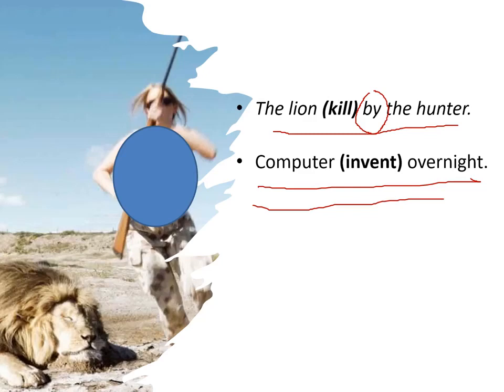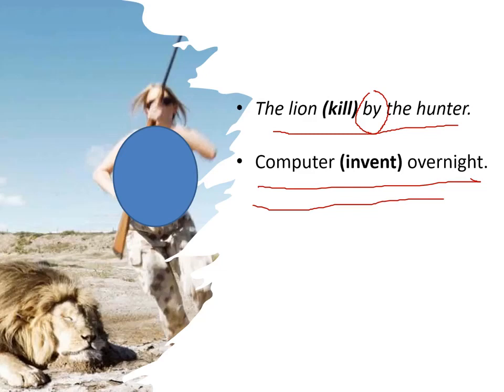Here computer invent overnight. If you write that computer is invented overnight, do you know what the meaning will be? Is it true that only in one night computer is invented? No. It has taken lots of years to invent a computer. So here the sentence must be written in negative form.